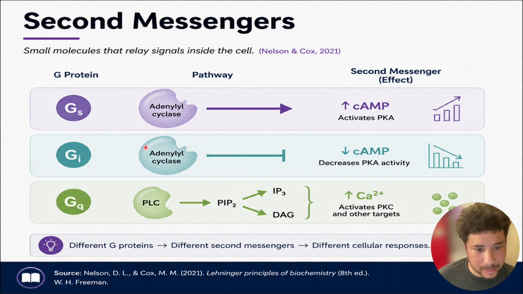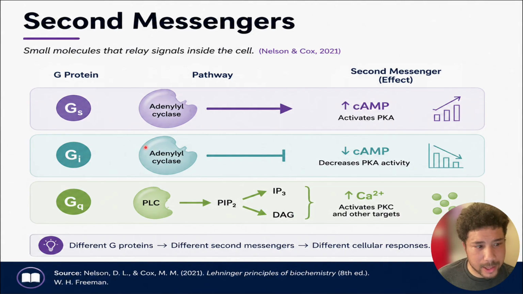Calcium is itself an important second messenger. It can bind proteins such as calmodulin and influences enzymes, secretion, muscle contraction, and gene regulation.